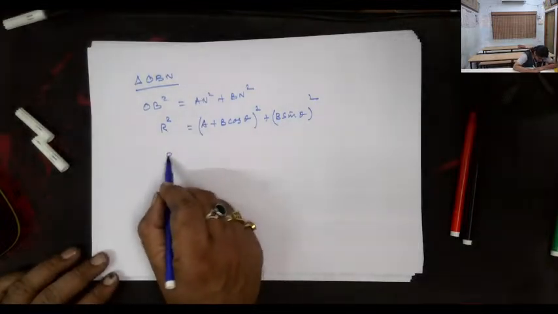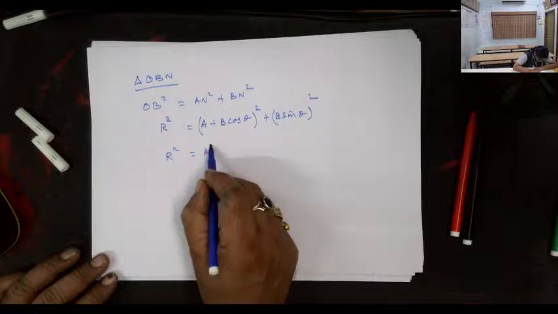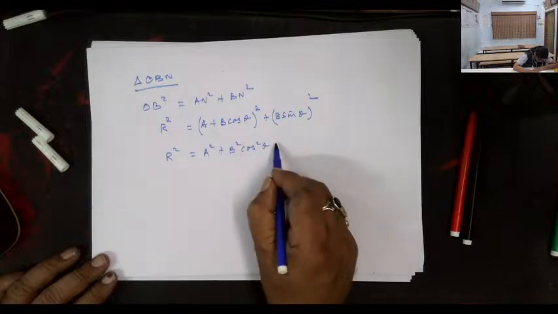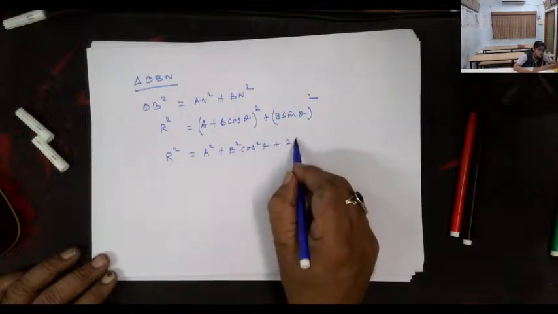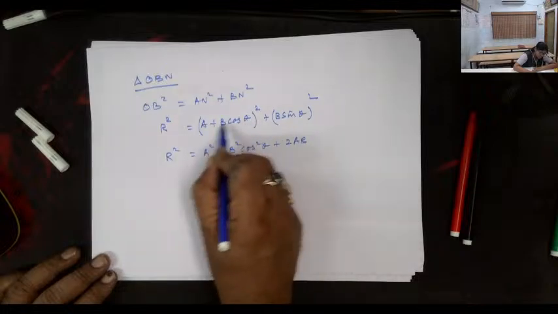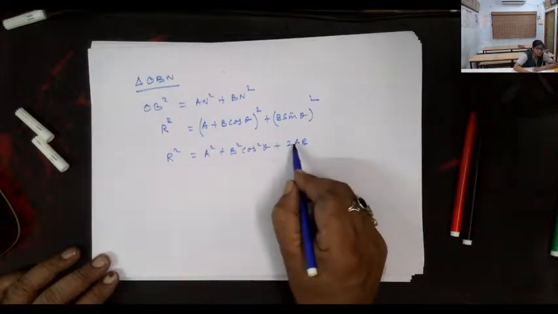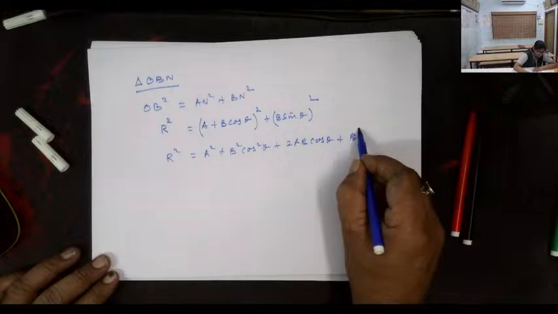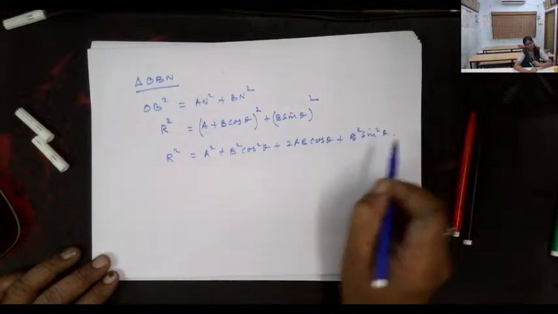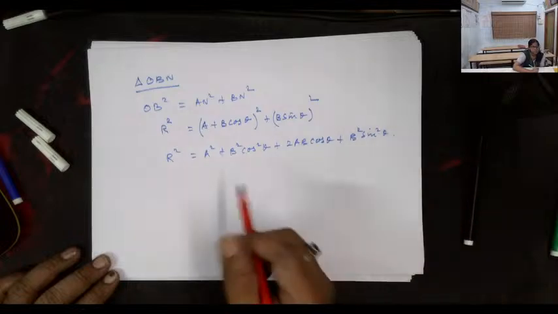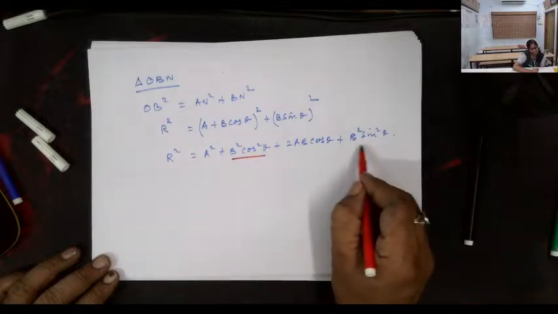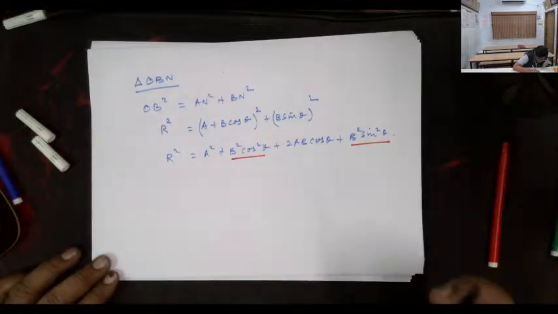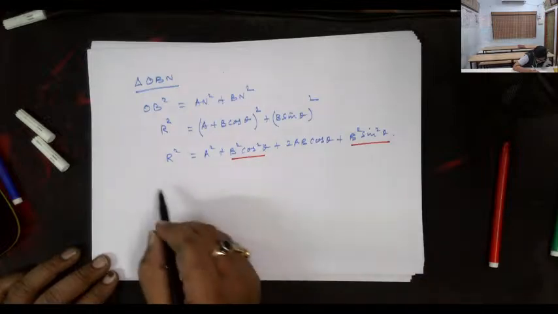Now, R squared is equal to A squared plus B squared cos squared theta, plus 2AB cos theta. We can apply the A plus B whole squared algebraic identity. Plus B squared sin squared theta. B squared is constant here, that is common, so we can take it outside the bracket.